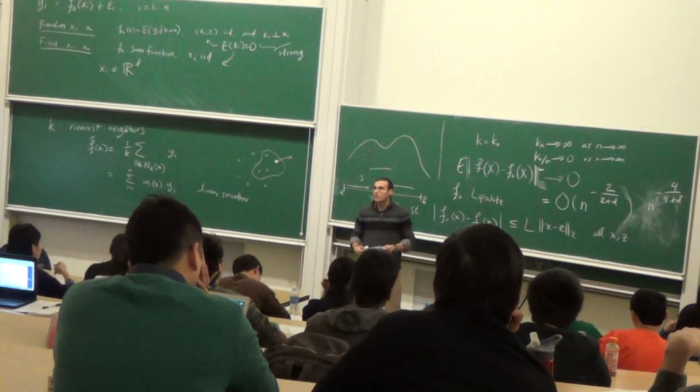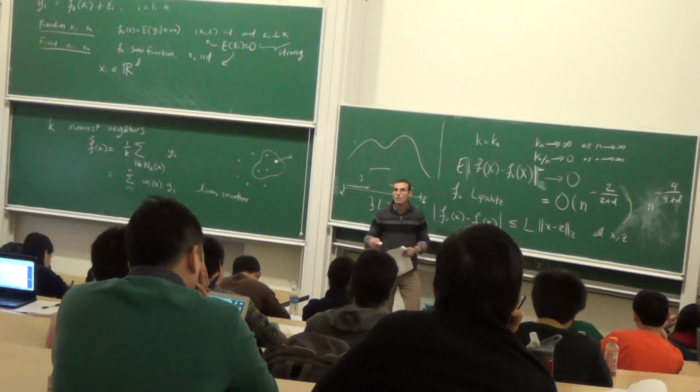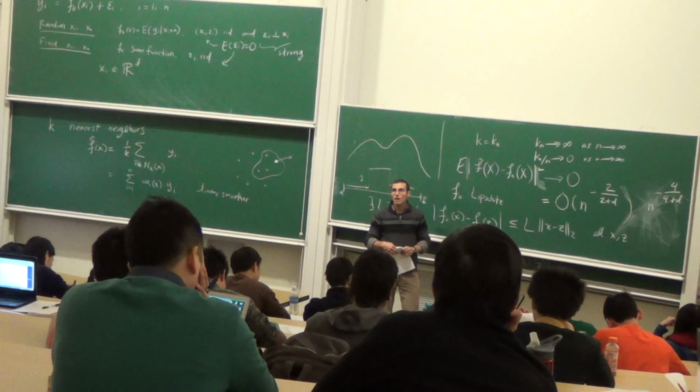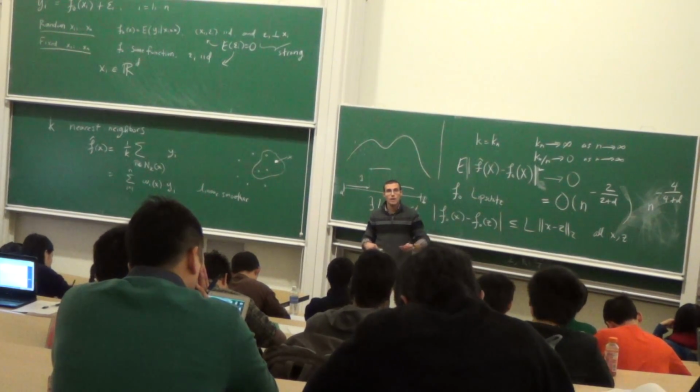So a smoother function gives us a faster rate. And the reason is because the kernel fits themselves are smooth, and the smoother the function, the smoother the fit. However, k-nearest neighbor regression fits are always jagged, so they can't really adapt to a higher level of smoothness.